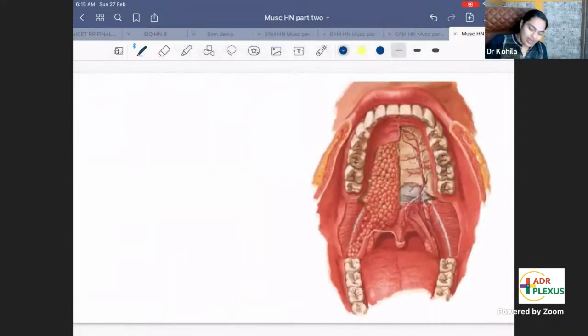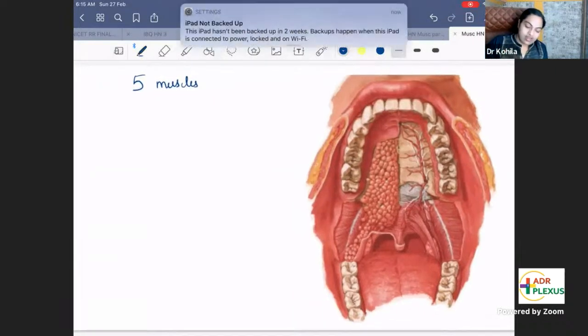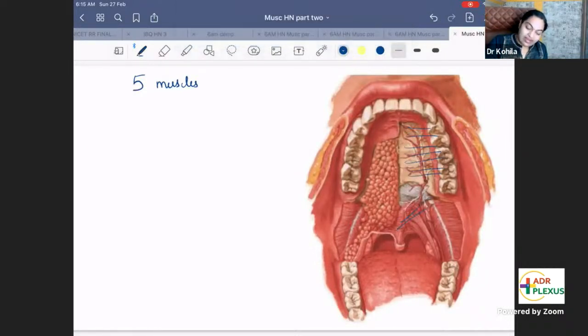In this diagram, you can identify all five muscles of the soft palate. So what is it? You see the oral cavity opened, right? The hard palate here, and this is the region of the soft palate. Can you orient here? This is the tongue.